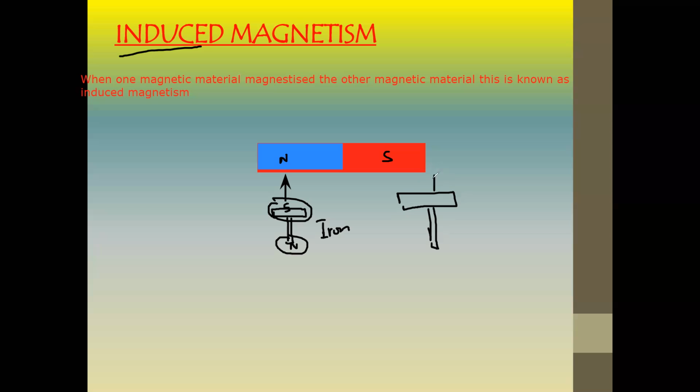Same way, if I have an iron nail on the other side, it is also attracted. What pole will be here? So top side it will be north, and down side it will be south. But if there is another iron nail that is also attracted, what pole will be at the top? So it will be north, and the downside will be south, and it is attracted. So when one material magnetizes the other, we call that induced magnetism.